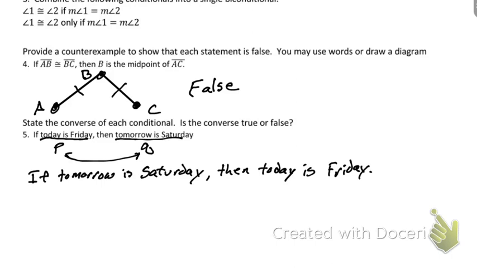The only time that works is if it's Friday. So this is a true statement. Remember, we're looking for something that makes this first part true and the second part false. I can't think of any days where tomorrow's Saturday, but it's not Friday, unless you come up with a whole brand new calendar, which isn't fair. That's cheating.